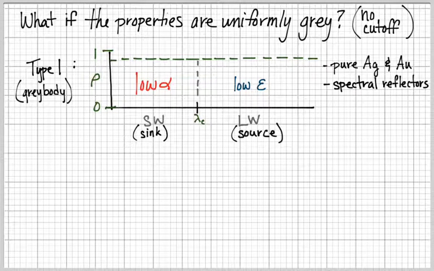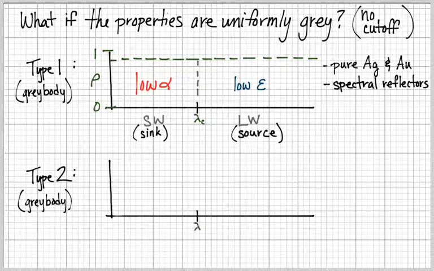Pure gold, pure silver. It's going to reflect the shortwave light that's coming in, and it's also going to have a low emittance in the long wave. High reflectance, low emittance. The type 2 gray body is going to be just the opposite.